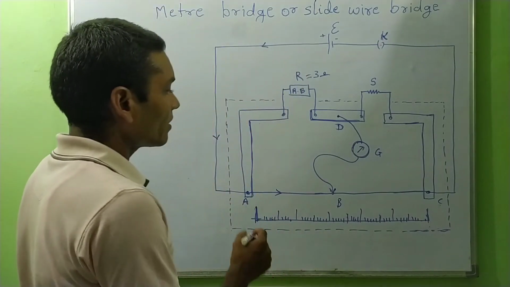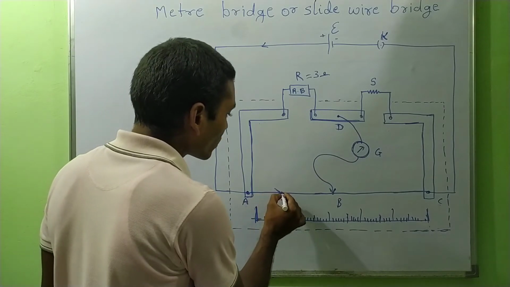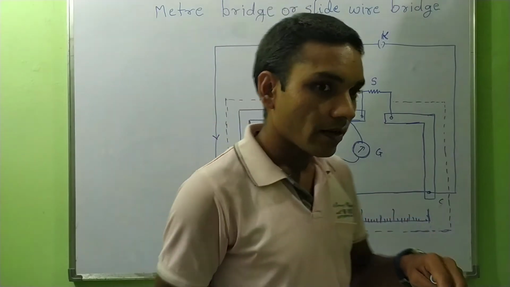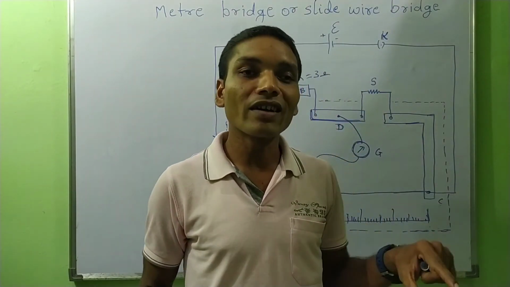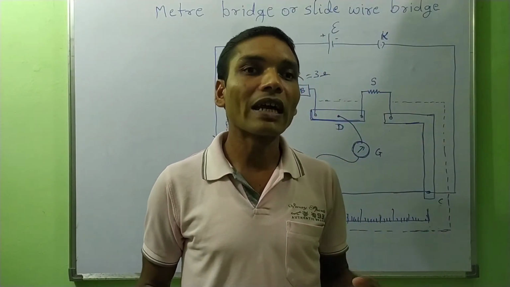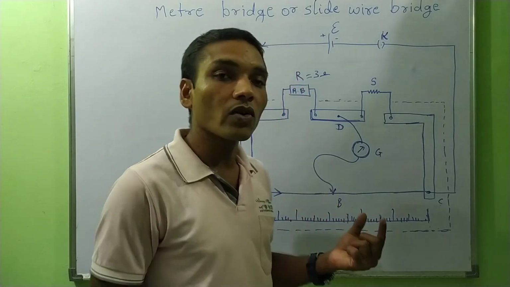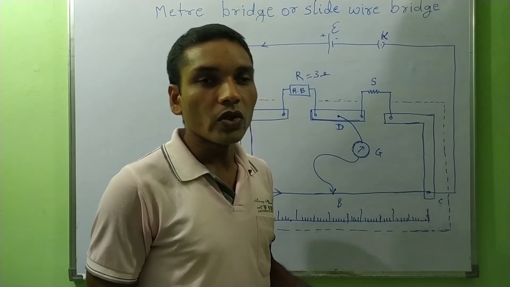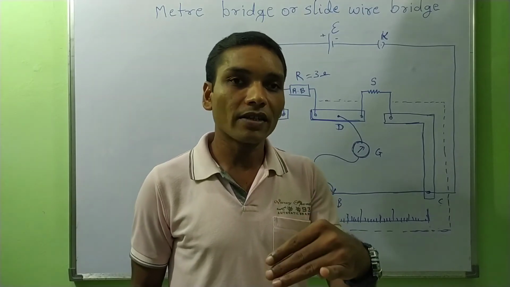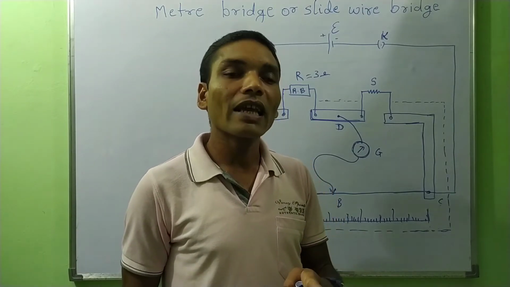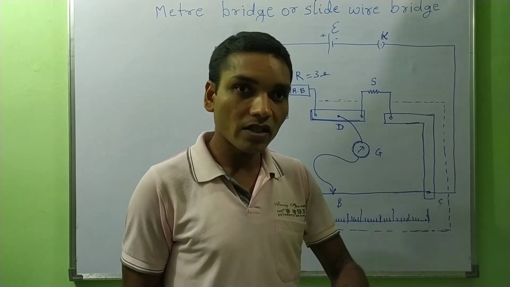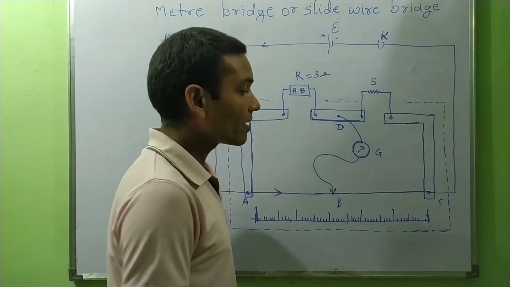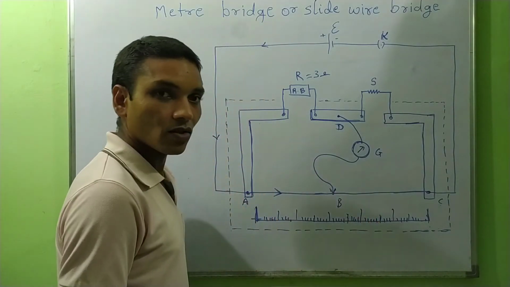Okay, and when current is flowing through this wire, you know that when current flows through any conductor for a long time, heat is produced in the conductor or wire. Due to this, the temperature increases, then the resistance will change or increase.